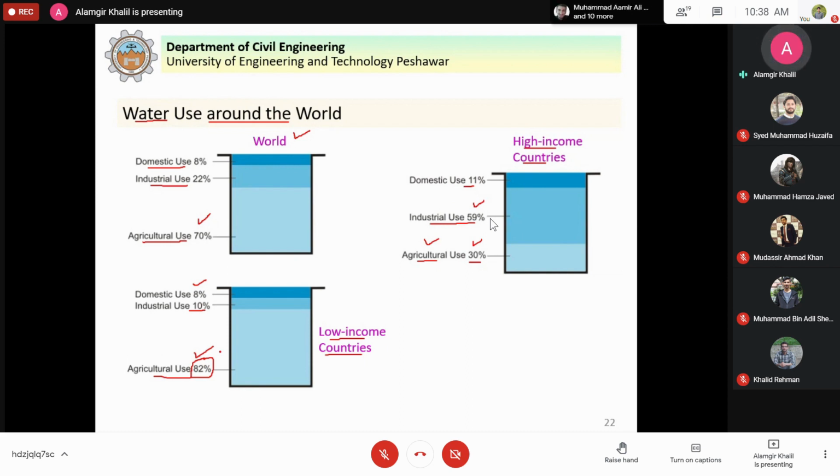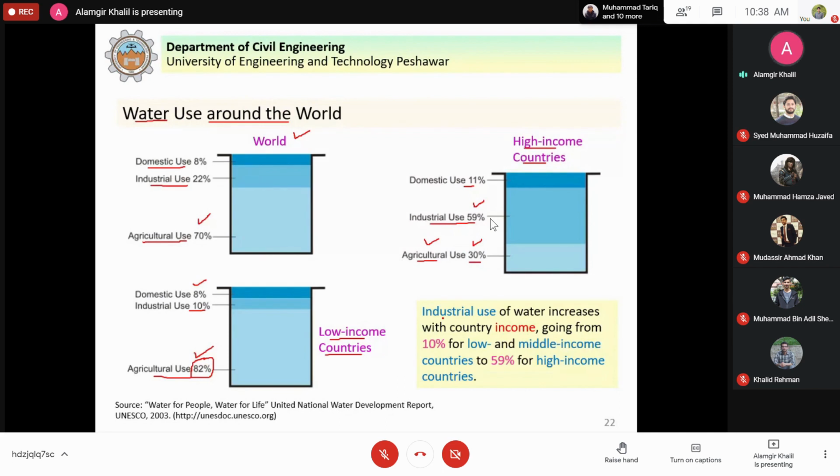You supply more water, but actually the plants use less water for growth during that time. So the water is wasted, and consequently the irrigation efficiency is very low. So industrial use of water increases with country income, going from 10% for low and middle income countries to 59% for high income countries.